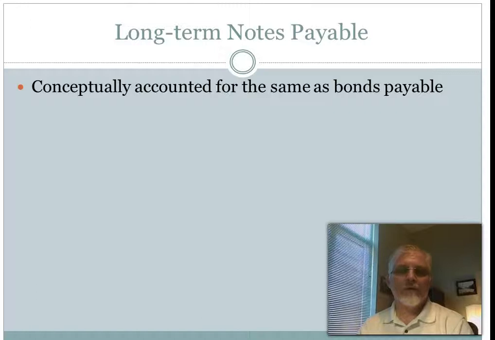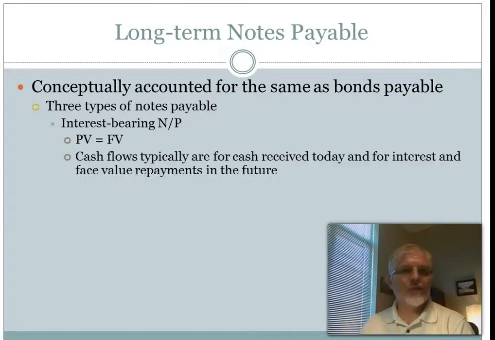Now, there are three types of long-term notes payable that we have to understand how to account for. The first one is the traditional interest-bearing note payable. Realistically, there is almost no difference between a short-term interest-bearing note payable and a long-term one.